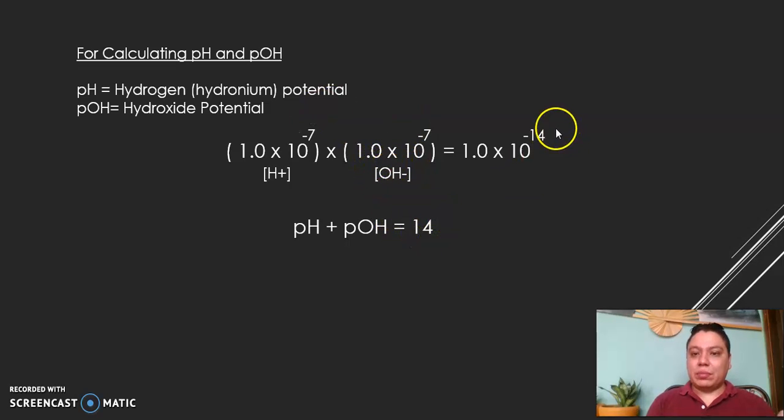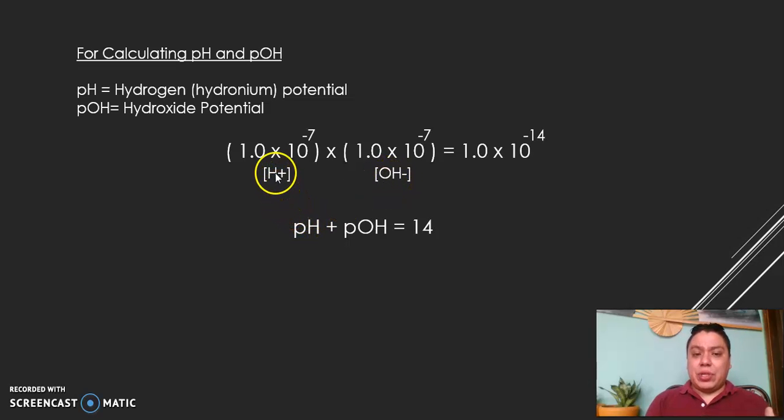Why 14? Because we got this value over here. Okay, so let me just repeat that. The constant pH depends on the concentration or the production of hydrogen ions. pOH depends on the concentration or the production of hydroxide ions.